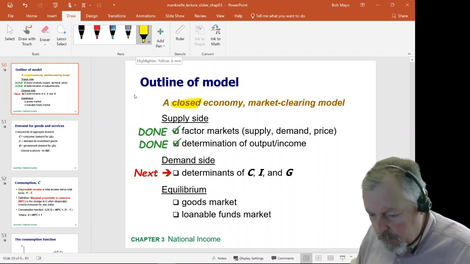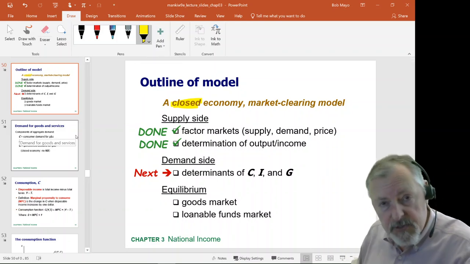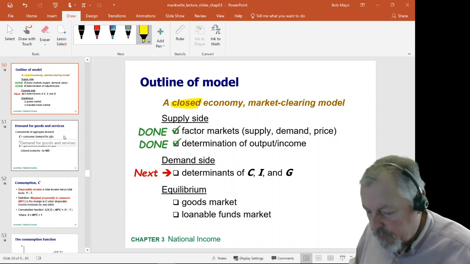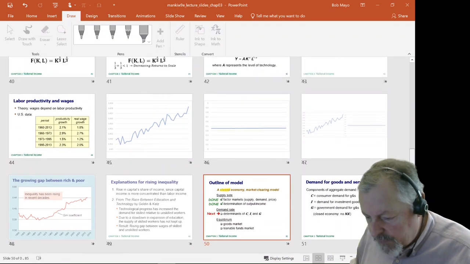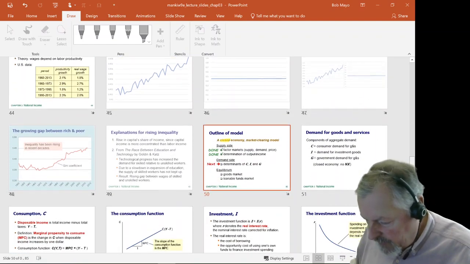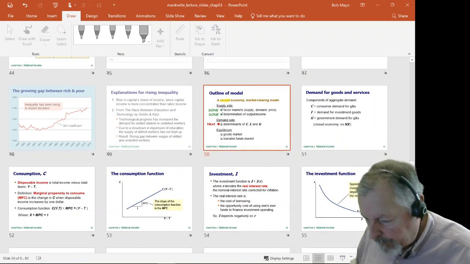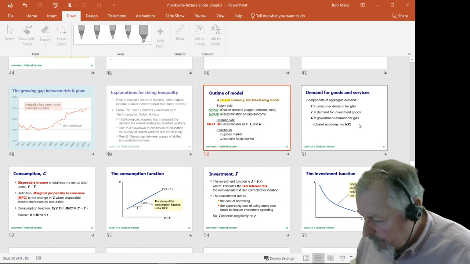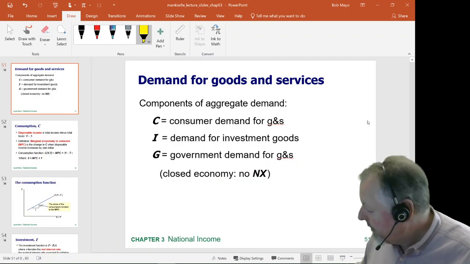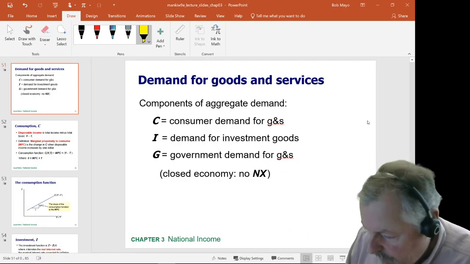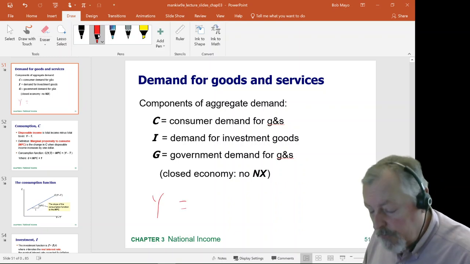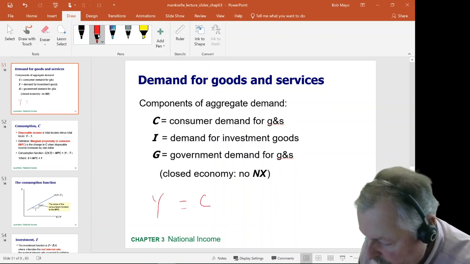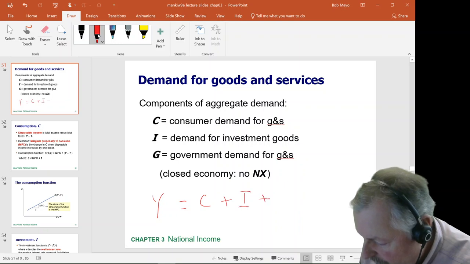Now let's look at consumption. That's how much the economy's producing. Where does it go? Well, total output is equal to C plus I plus G plus NX.